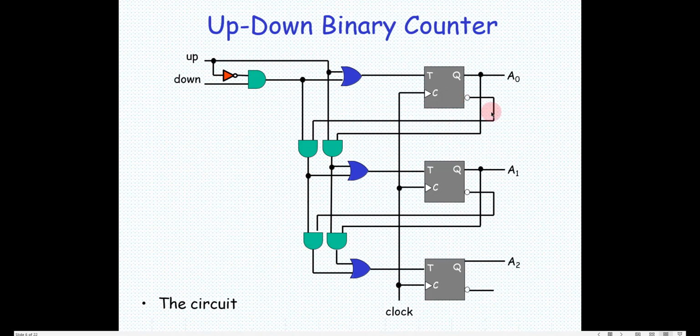Now what is the input for this? It is coming from Q bar here, and here also it is from Q bar. This is Q and Q bar, that is why the bubble is placed here. So now since you are using Q bar signals out here, this will start counting down. So I can use this counter as an up counter or as a down counter. So this is known as an up down binary counter.